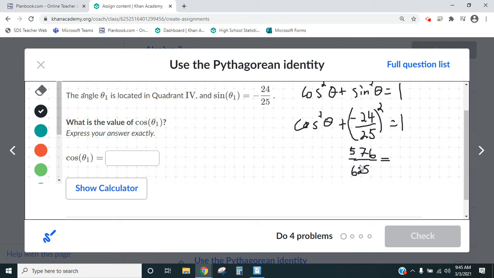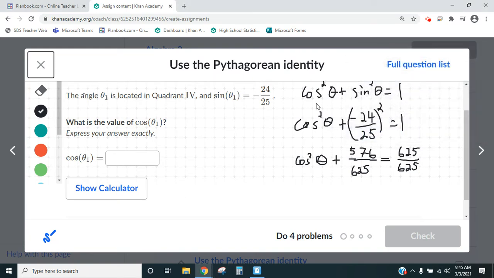Once you get your answer for this, I want you to change this 1 into a 625 over 625. This will make our addition and subtraction much easier when we solve the problem. So whatever I get for a denominator here, I'm going to put over here in the place of the 1. It's kind of funky, but it'll pay off. All right. Now this is equal to, or sorry, we still have the cosine squared over here.